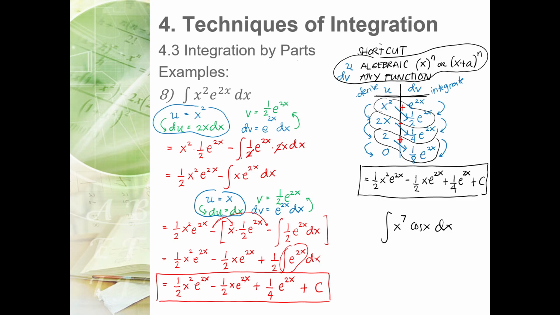So if you're going to use integration by parts manually, you're going to use it 7 times to get the final answer, rather than creating the table and getting the answer in such a short time. Okay, so questions?